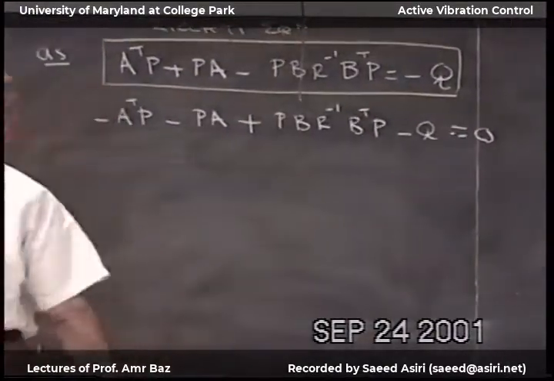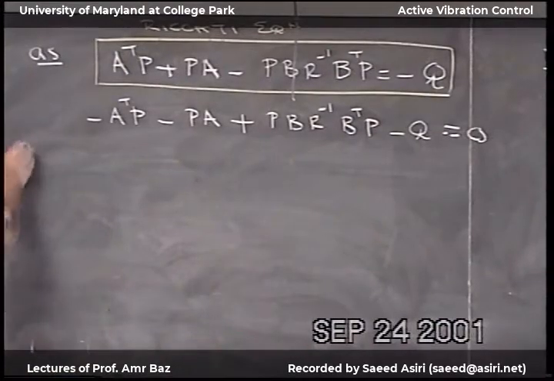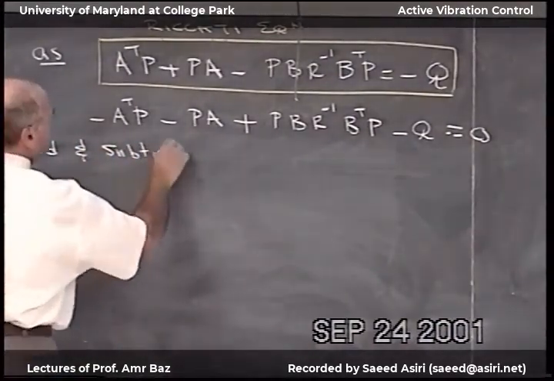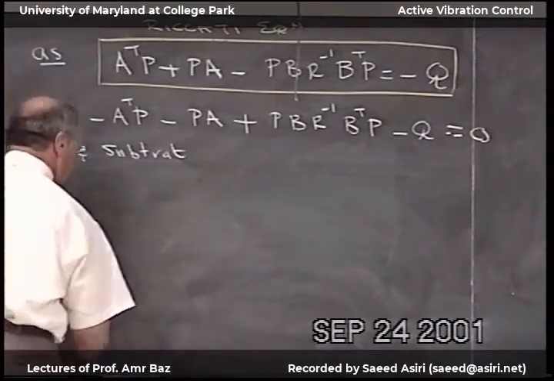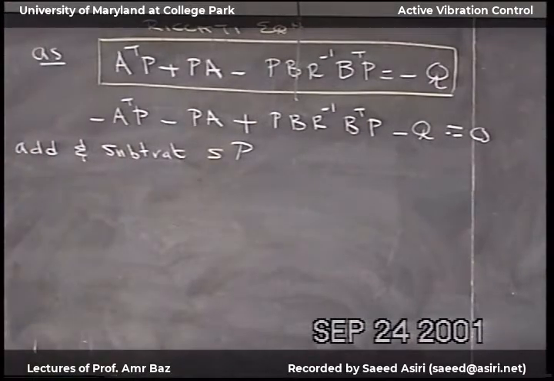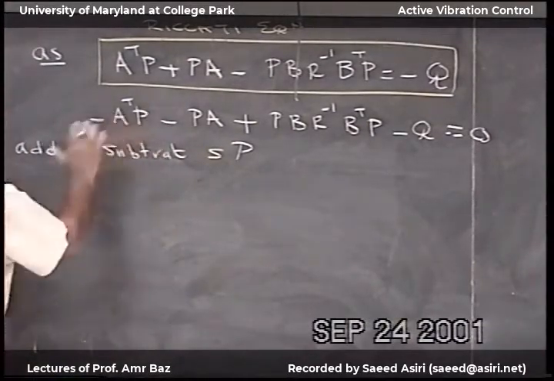And then I'll just add and subtract sP to this equation. I'll add them here and subtract them from here.